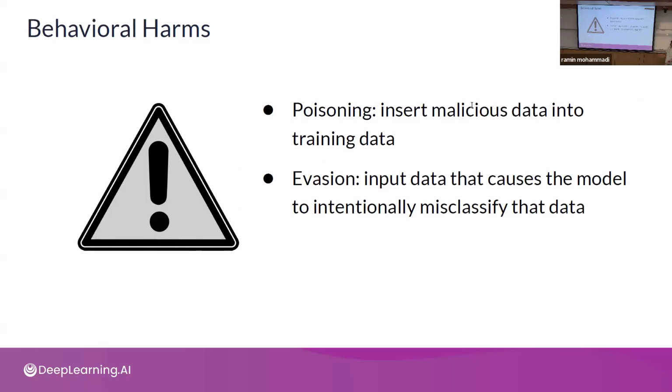The other category is behavioral harms, and two of them are poisoning and evasion. Poisoning is when you purposely add bad or fake data, with certain intention, to the training data set.